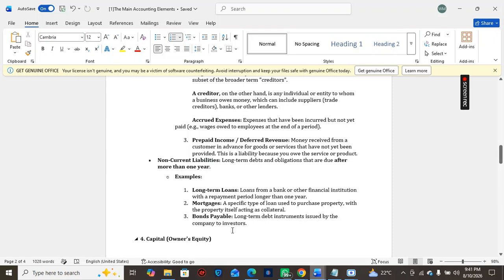If the company sells corporate bonds, it will be owing the people who purchase those bonds, paying interest payments, and when the bonds mature, it has to pay back the par value of the bond. So any long-term loan falls under non-current liabilities.